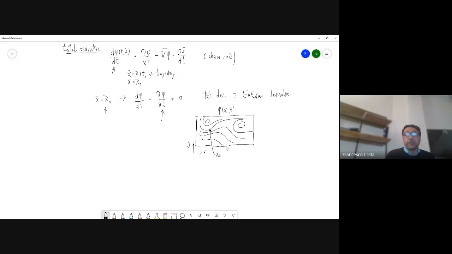But suppose there is another case. Suppose that phi of x and t is really non-dependent on time. What does that mean? It means that it's just a field that is only dependent on position, okay? So it's a fixed field. For example, it could be an elevation in a map, okay?